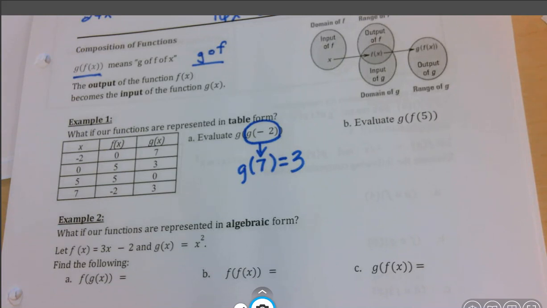This one, 5 here. You see it? All right, there's the f column. 5, good. So that means this part here is 5, right? And then you're going to do g of 5.